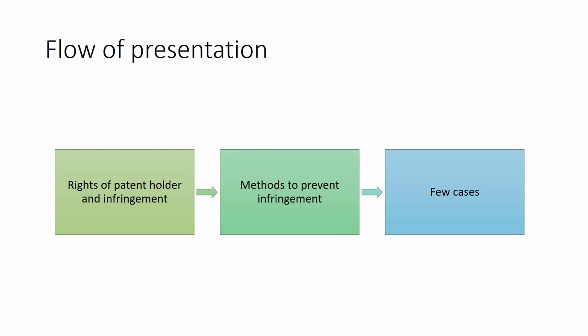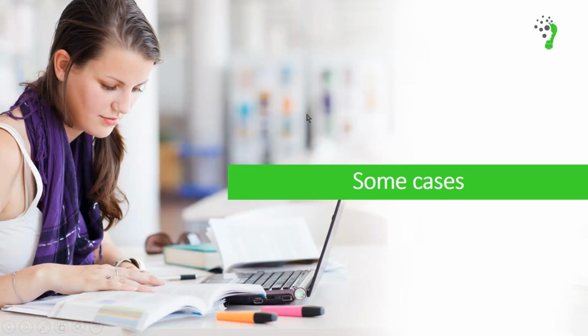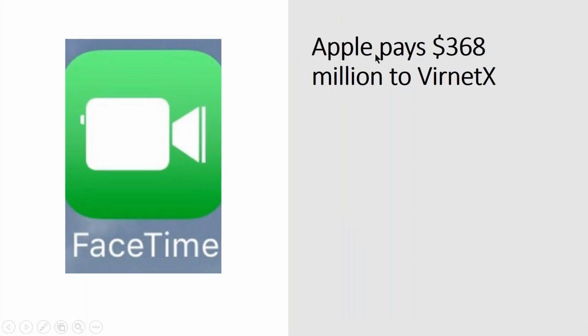We will support this presentation with a few case laws, a few cases. In fact, I will start my presentation with a few cases so that you have a feel of the subject matter. Apple sued Samsung for patent infringement, then Microsoft sued Apple.